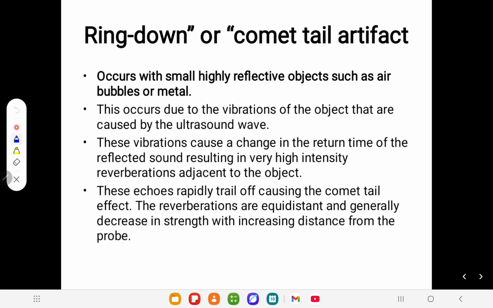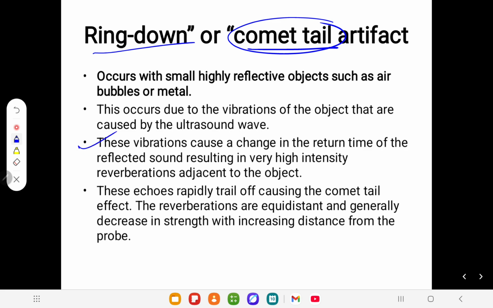So this is another type of artifact, ring down or comet tail. Comet tail is common. It occurs when small, highly reflective objects such as air bubbles or metals, especially in foreign body cases like a foreign body in the vitreous, vibrate due to the ultrasound wave.